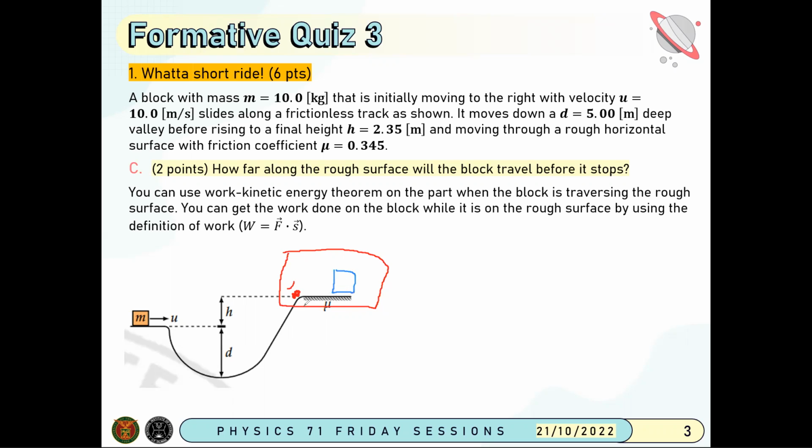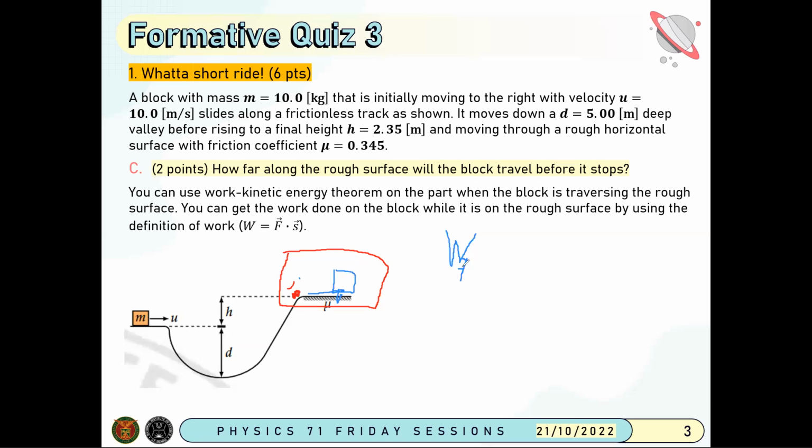So ang tinatanong, how far along? So ano yung distance na pwede niyang abutin? From here to here. Okay. So ito yung initial state, ito yung final state, right? So we can now use work kinetic energy theorem for this. So again, work kinetic energy, work done by your force, right?